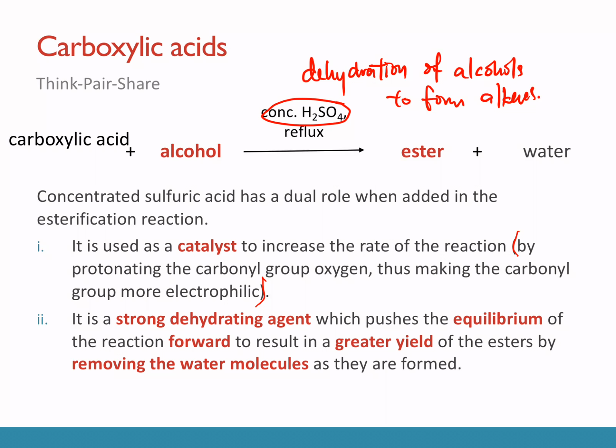Now if I keep removing water from this reaction, you will drive the equilibrium to the right hand side to compensate for the loss of water. That will increase the yield of my ester. This is in your equilibrium. So when we remove water, to compensate for this sudden decrease in the concentration of water, the equilibrium shifts to the right, and because equilibrium shifts to the right, it results in a higher yield of ester.